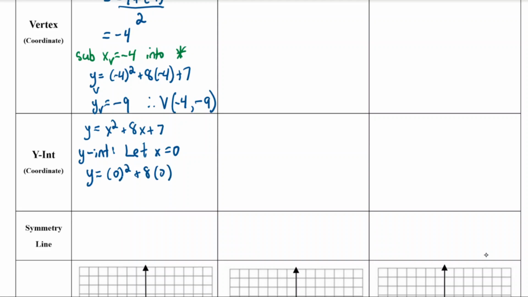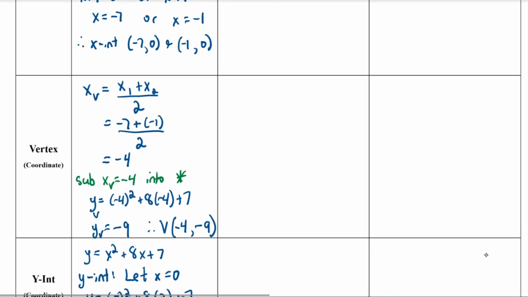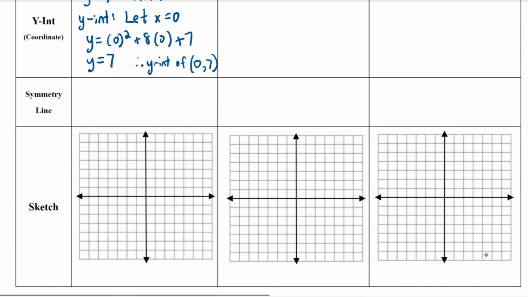We get just this final number because these two terms disappear. So we're just going to be left with the 7. So with standard form we can see exactly what our y-intercept is going to be. It's just this number without an x in it. So we've got a y-intercept of (0, 7). So with our x-intercepts of -7 and -1, our vertex at (-4, -9), and this y-intercept of (0, 7), we can graph this.